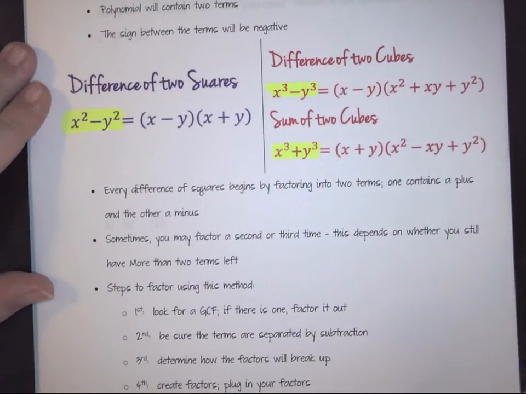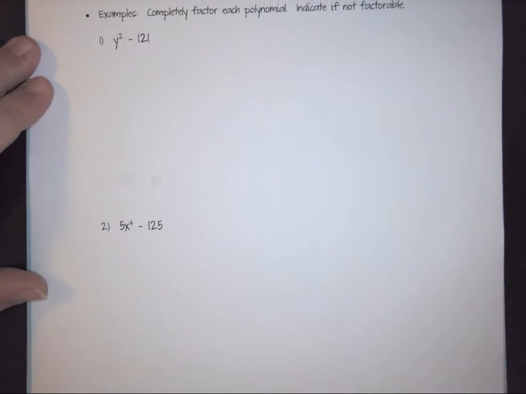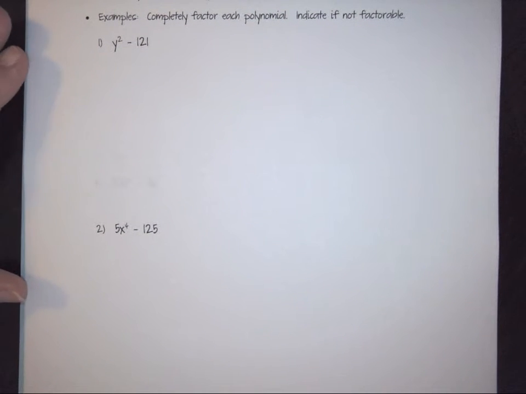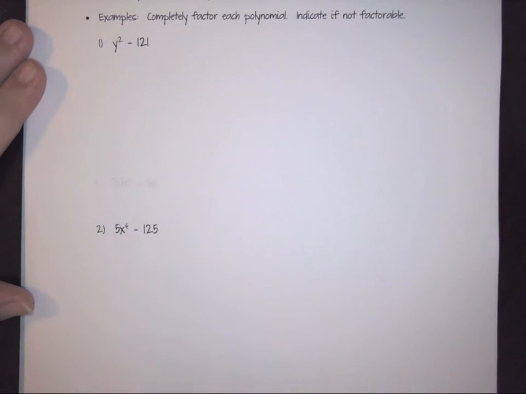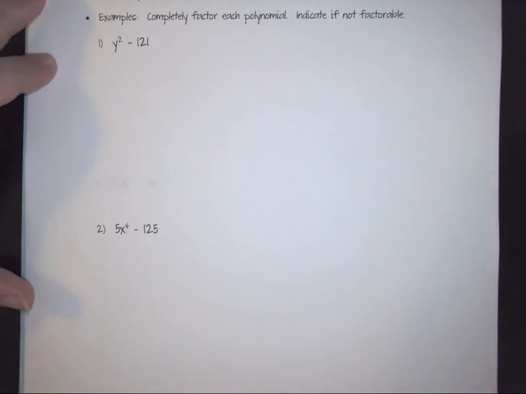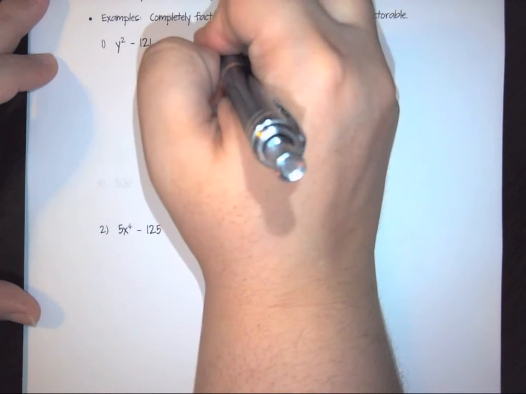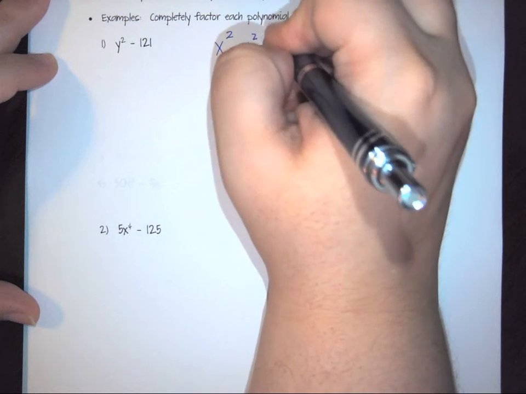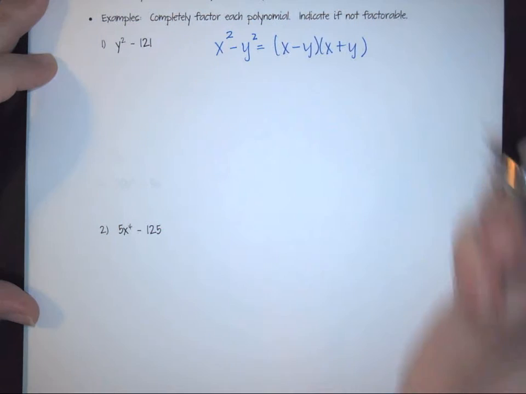Okay, so let's go ahead and take a look at that. So I have y squared minus 121. So first and foremost, you need to remember your formula. So the formula says x squared minus y squared is the same as x minus y times x plus y. So that is what we're doing.